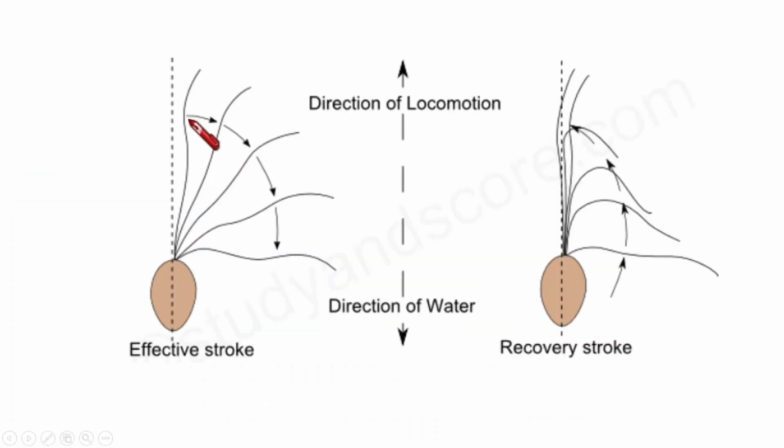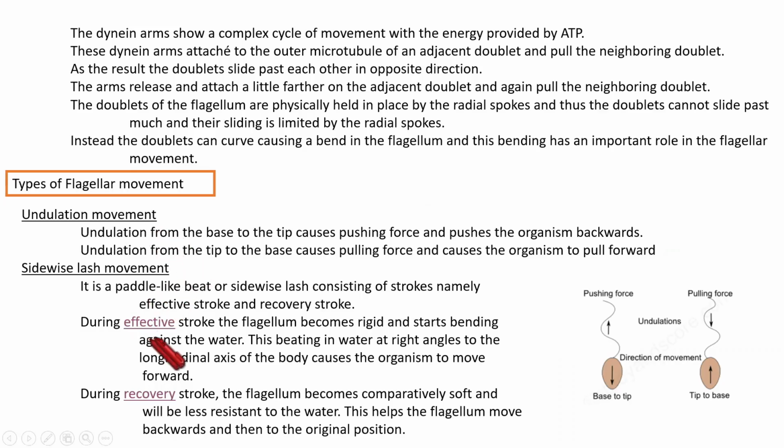The flagellum becomes straight, then it strikes against the water, and by that the organism can move forward. So that is the effective stroke. Also, effective stroke means the flagellum becomes rigid first, and starts bending against the water and beats, and because of that beat the organism moves forward.